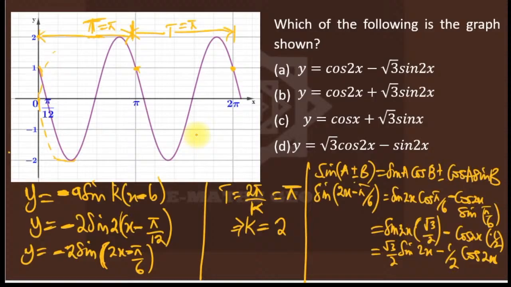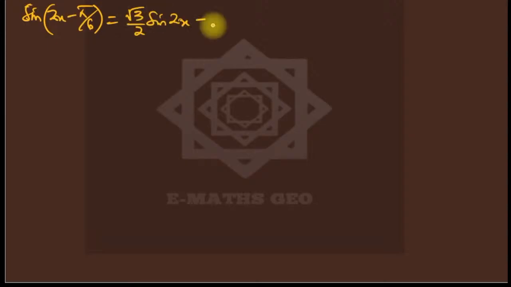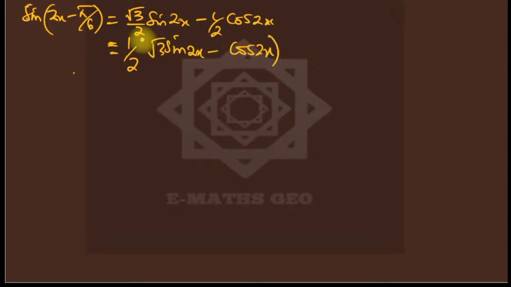So sine of 2x minus π over 6 is equal to root 3 over 2 sine 2x minus half cos 2x. If we factor out half, I have half times root 3 sine 2x minus cos 2x.